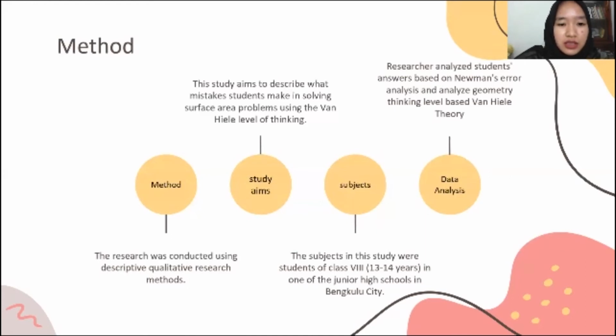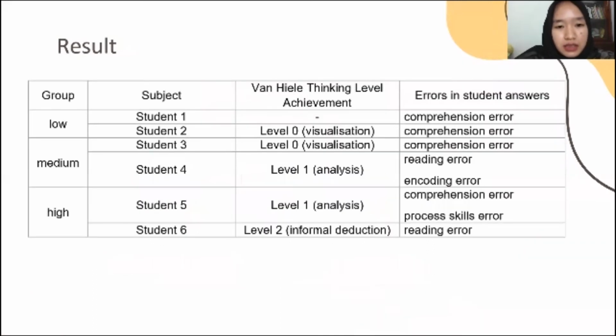If the student answers the question correctly, the student will continue to answer the question at the next level. Otherwise, if the student is wrong in answering the question, the student will not continue to answer question at the next level. This is the table result from the paper.